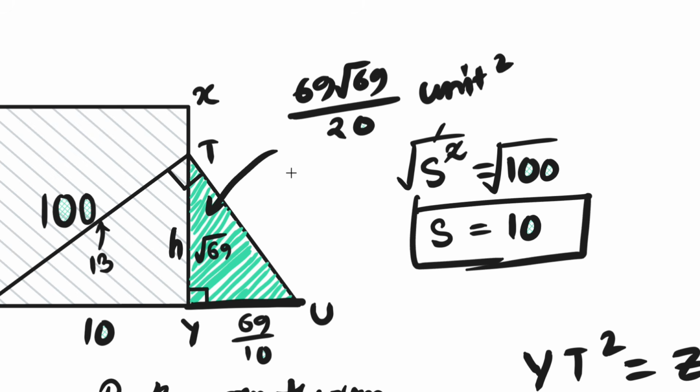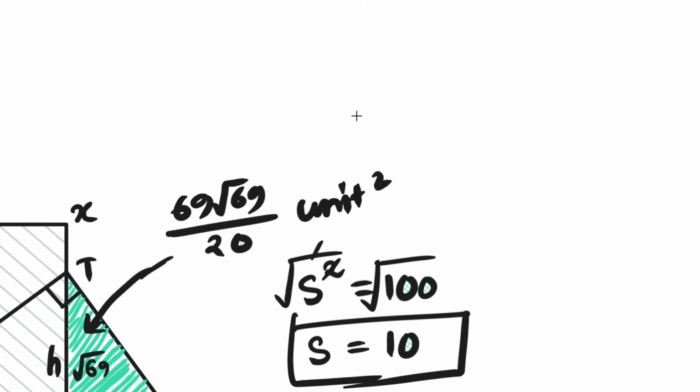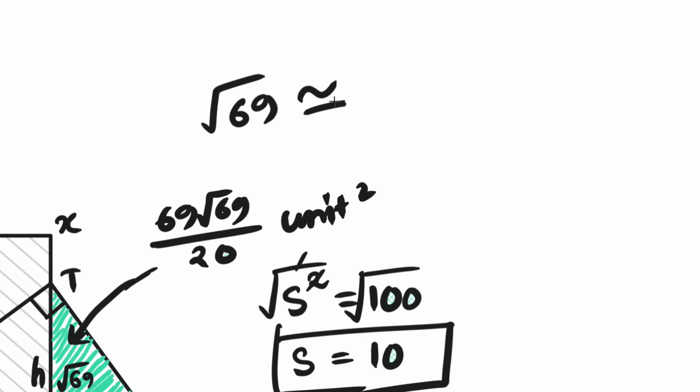Notice that this exact form is usually the best final answer because it represents the value precisely without rounding. If we want a decimal approximation as well, we can approximate the square root of 69. The square root of 69 is approximately 8.307.